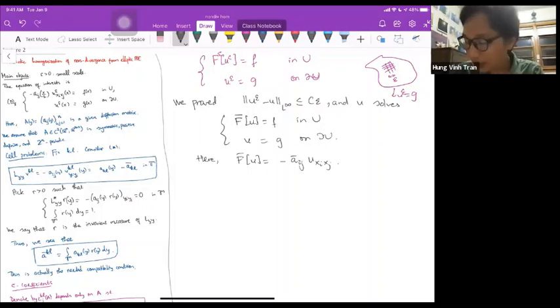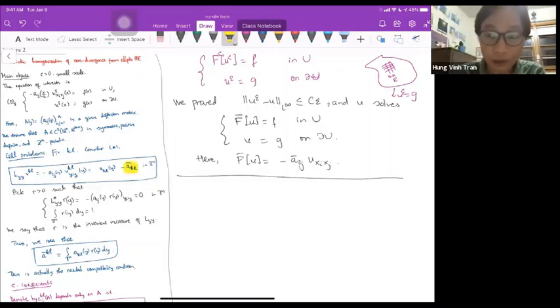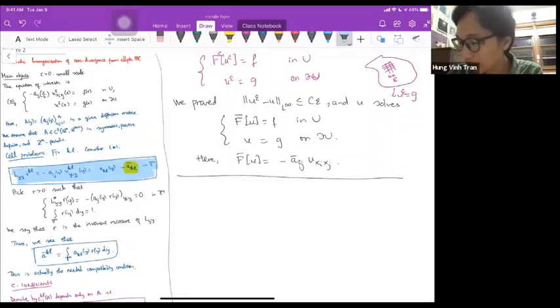That was the overall theme. Then we presented a way to study the correctors and understand the effective coefficients A bar KL, which is done through the so-called cell problem. I'm going to rewrite it here so that you can see.